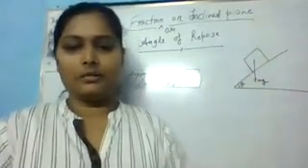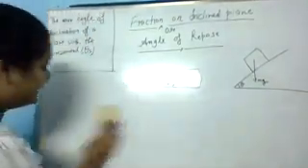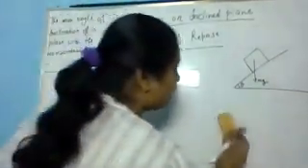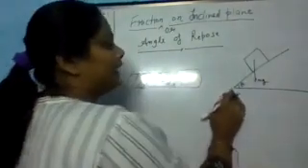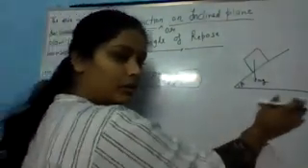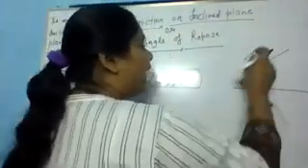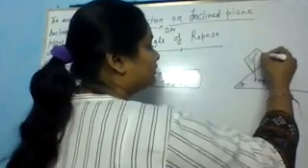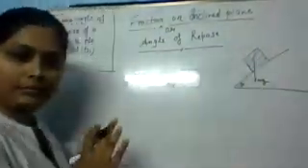Yes, I admitted him. Now we will talk about friction on an inclined plane. An inclined plane is when the plane is at some angle with the horizontal. Now I am taking a block. Consider the mass of the block is m.